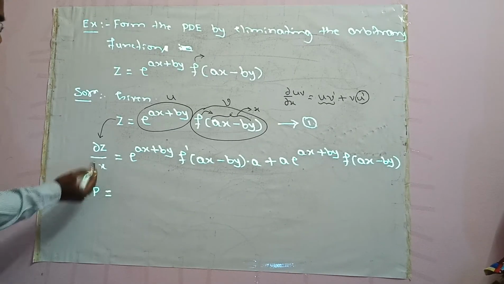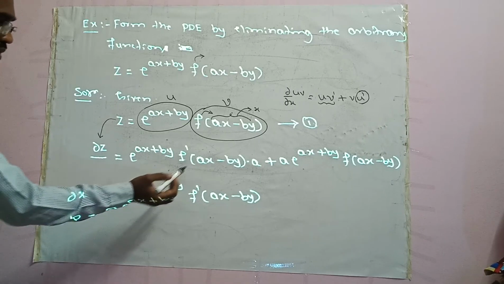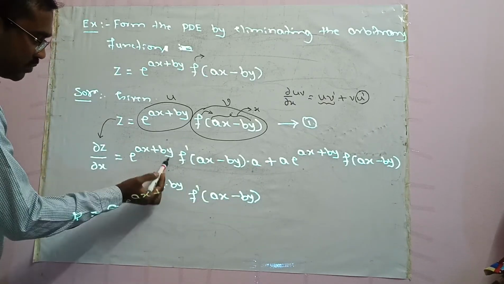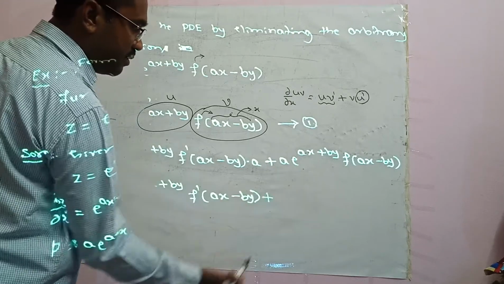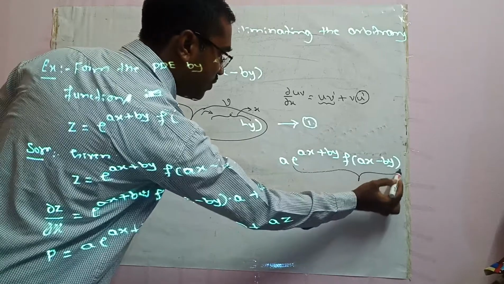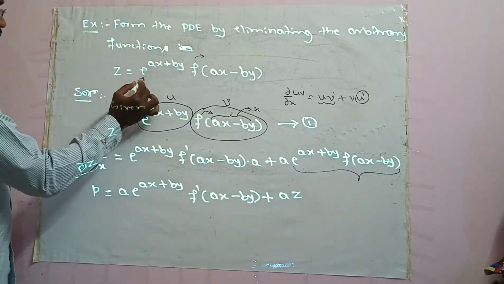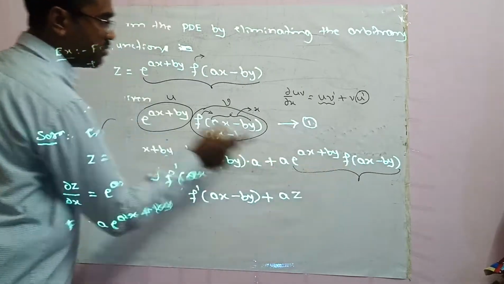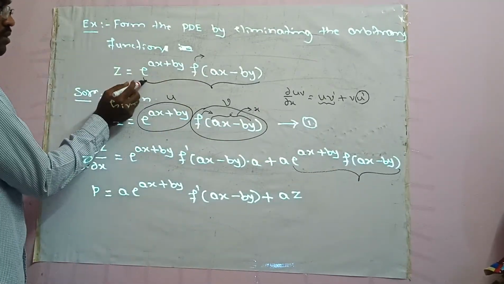Now therefore we can write this as p is equal to a into e to the power x plus by f dash, and here plus a into, if you observe carefully, the value of this is same as this. From here to here it is same as here, which is nothing but z.